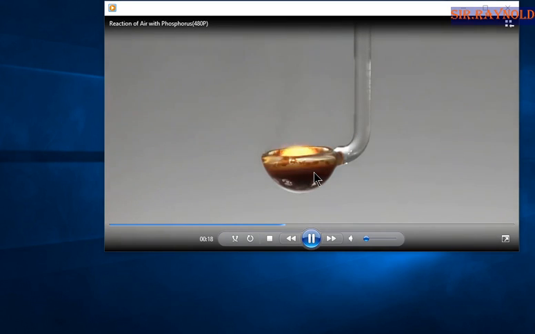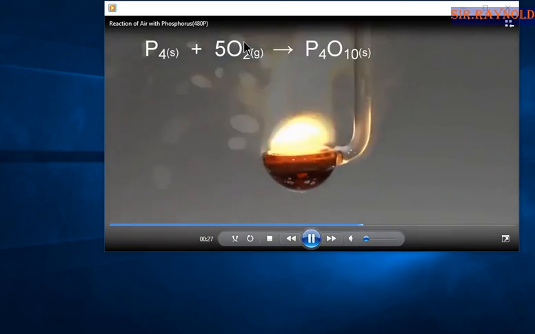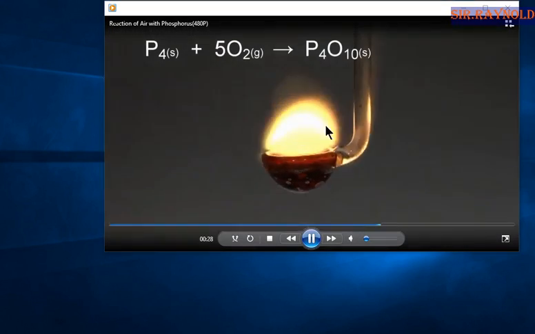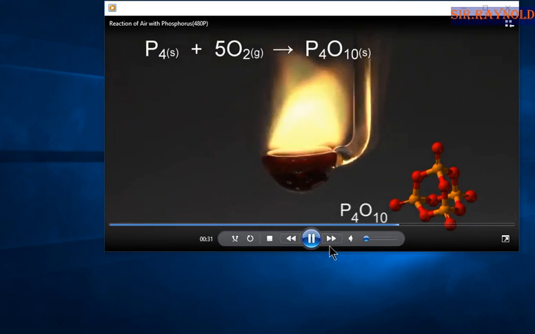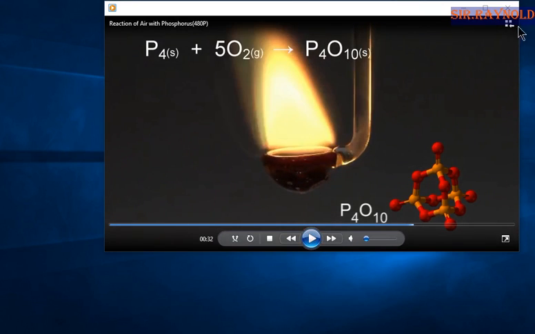So this shows that phosphorus, which is a non-metal, does not react with water but reacts with oxygen to form this kind of fire. So this shows that non-metals react with air.